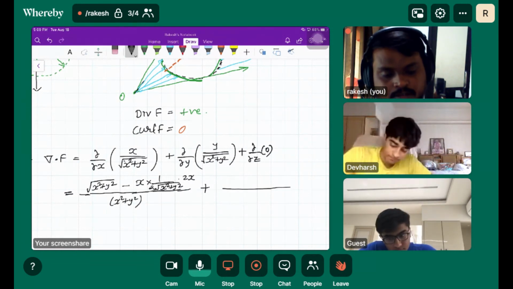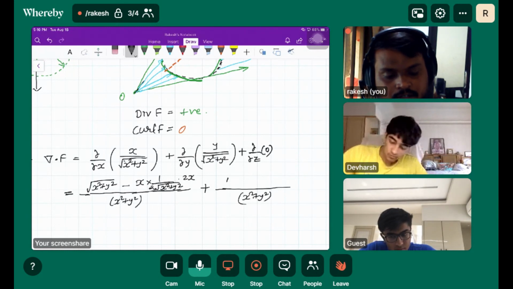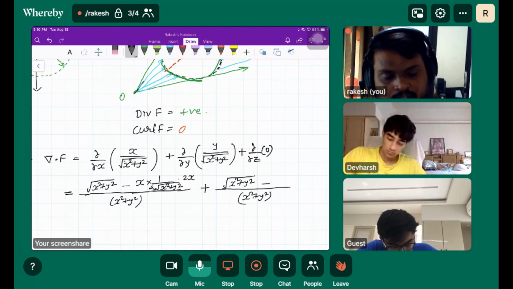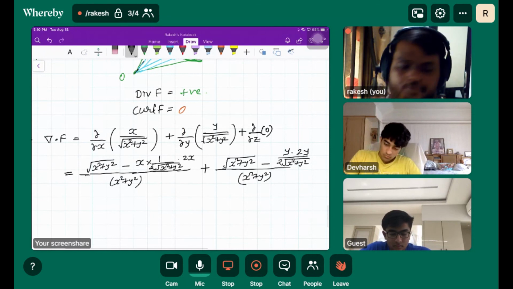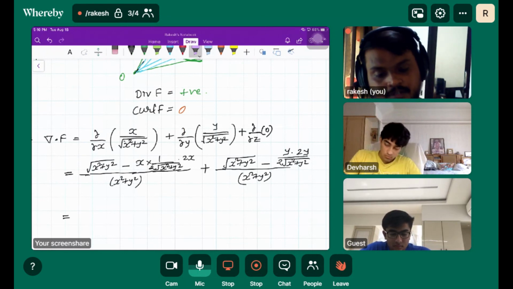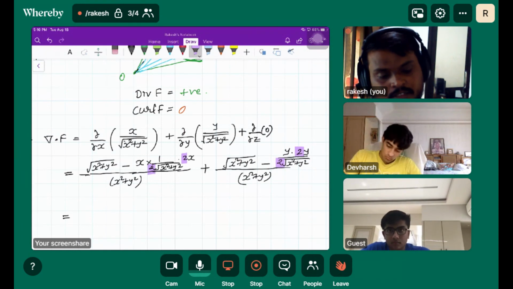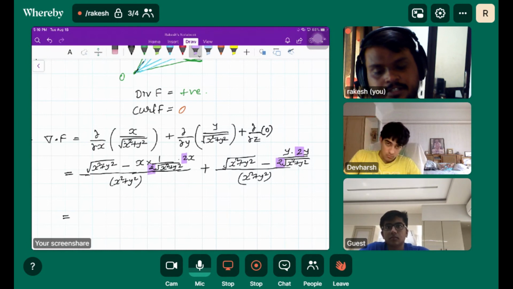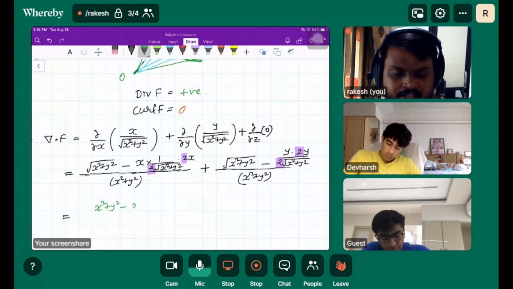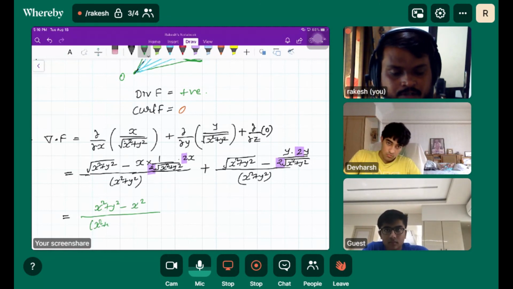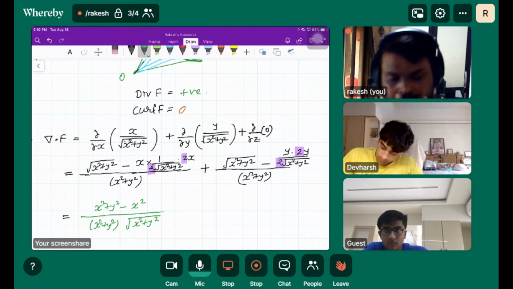Now x square plus y square, and then root x square plus y square minus y upon 2 root x square plus y square times 2y. So the 2 will cancel out, and we get x square plus y square minus x square, upon x square plus y square times root x square plus y square. Am I right here?